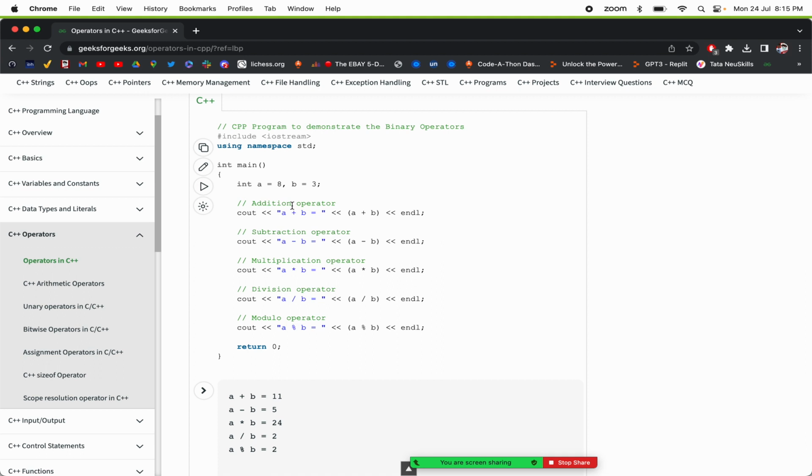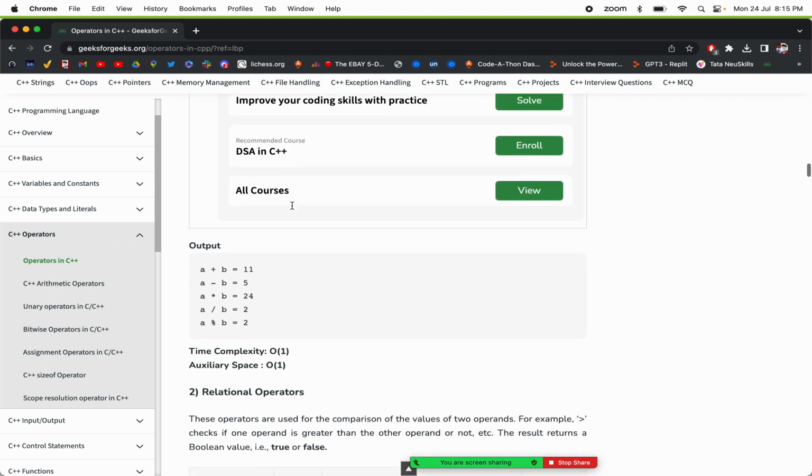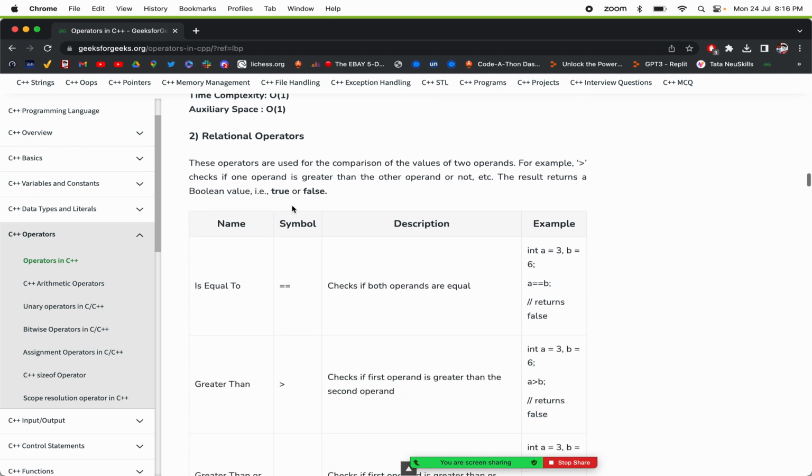So 8 divided by 3 gives the value 2, not a decimal value, and when we check its remainder we get 2. So these are arithmetic operators.